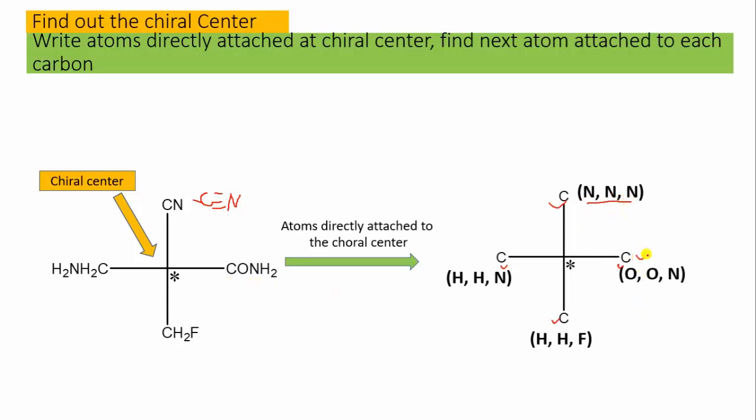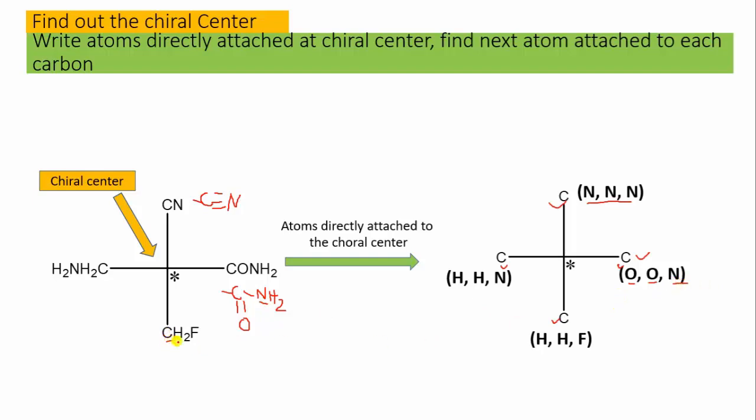This carbon is attached with a carbon double bond O, NH2, like this. So carbon double bond O means 2 times oxygen and 1 nitrogen.